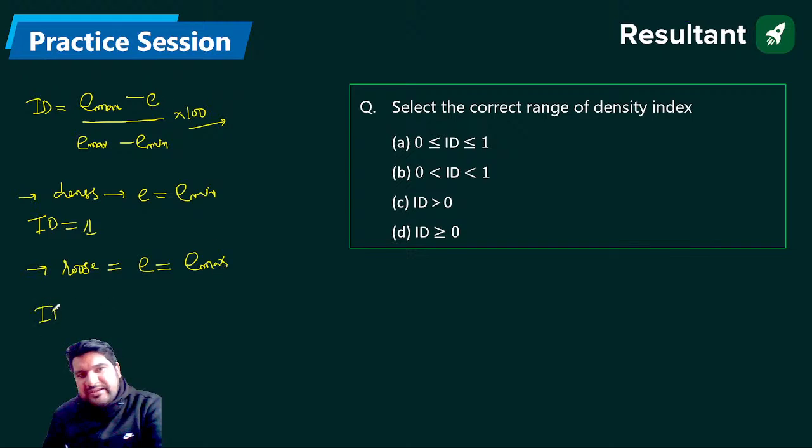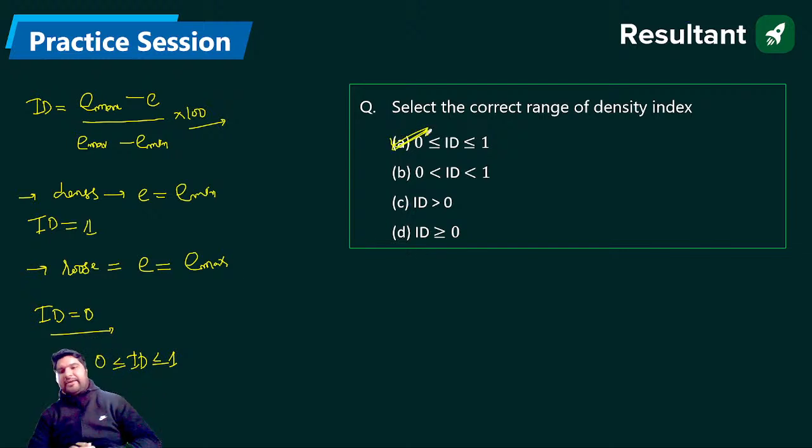In that case your ID value will turn out to be 0. So the density index ranges from 0 to 1, and the correct answer will be A.